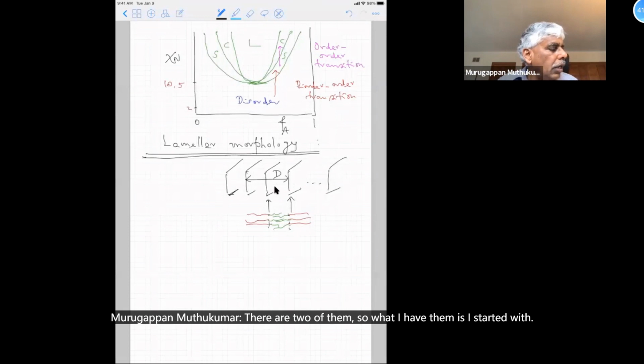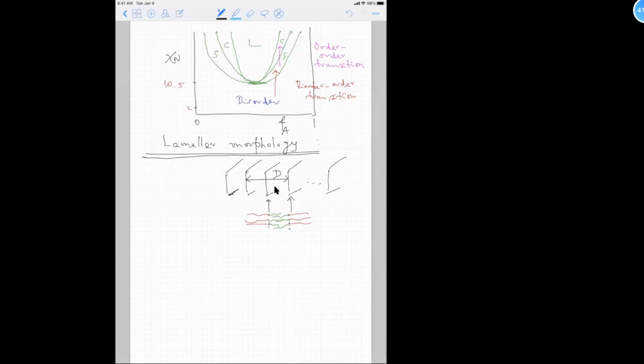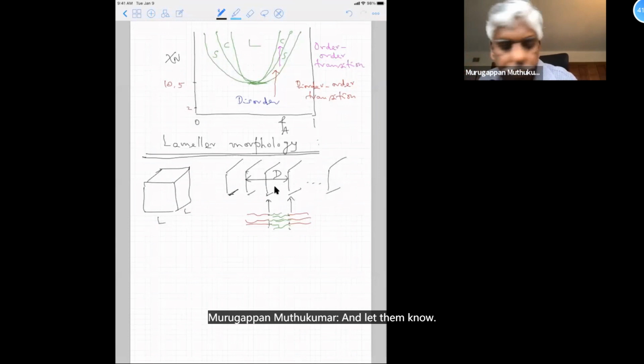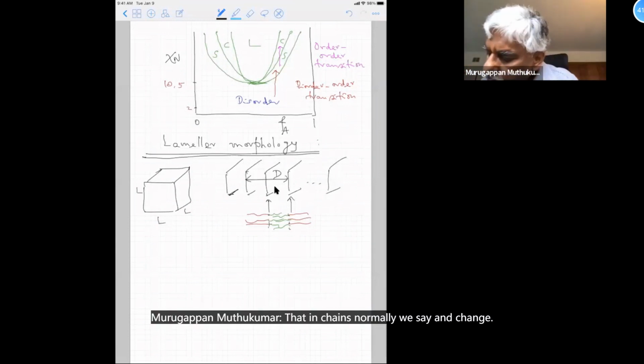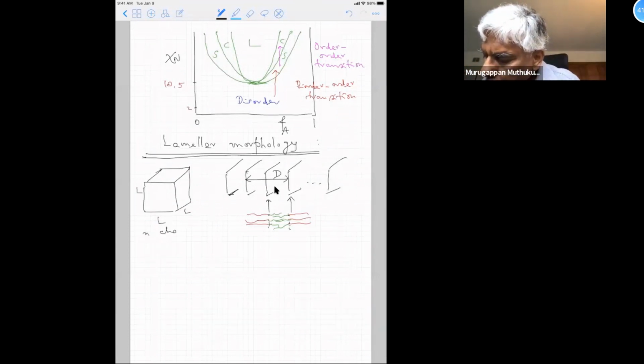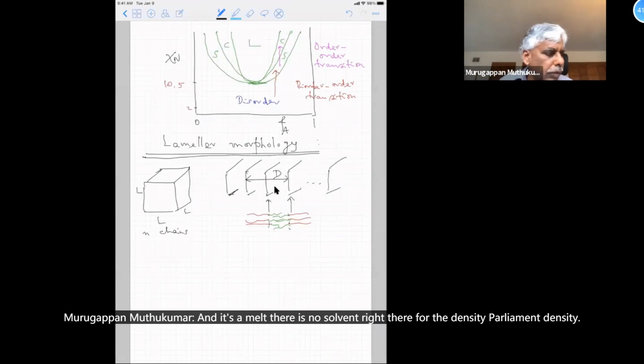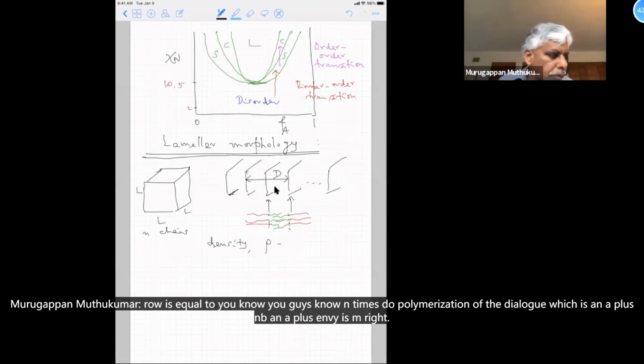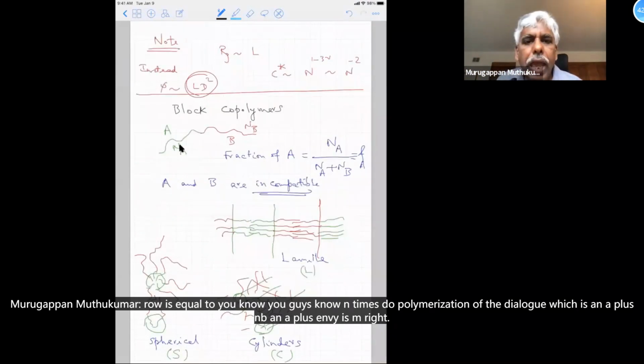So what I have then is, consider a block of, say, length L, and length L. There are n chains. Normally we say n chains. And it's a melt. There is no solvent. Therefore, the polymer density rho is equal to, you guys know, n times the degree of polymerization of the diblock, which is Na plus Nb.